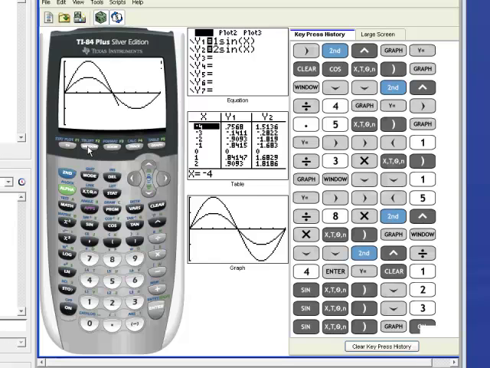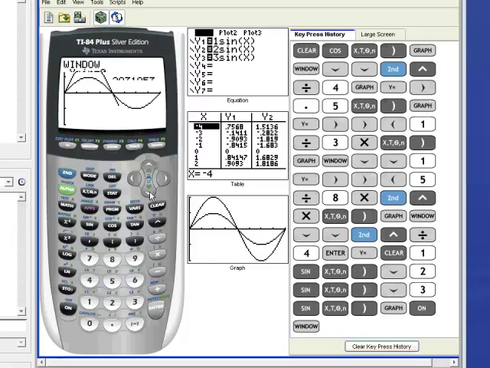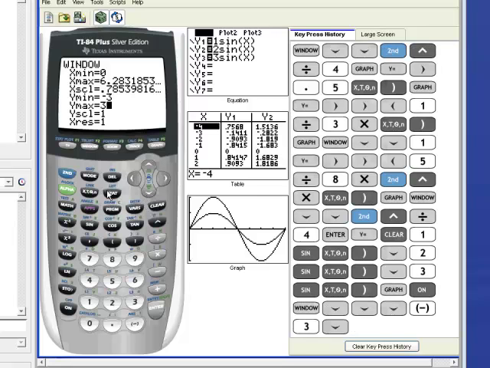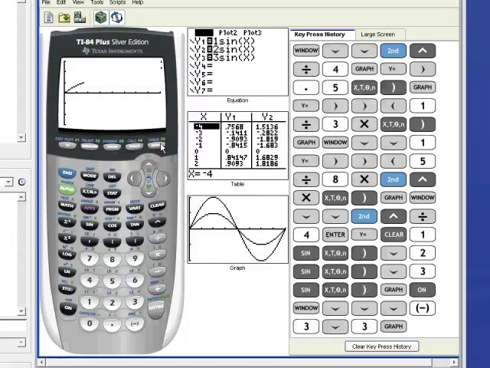Because I will end up with an amplitude of 3, I better change my y max and minimum. So again, here's the one with the amplitude of 1. There's one with the amplitude of 2. And there's the one with the amplitude of 3.